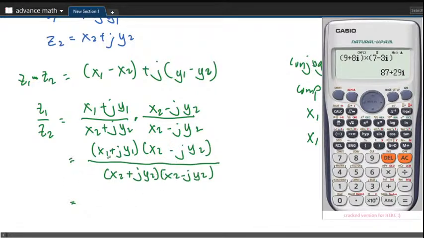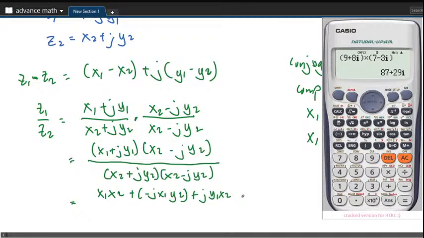So we have x sub 1 times x sub 2, then negative j x sub 1 y sub 2, plus j y sub 1 x sub 2.